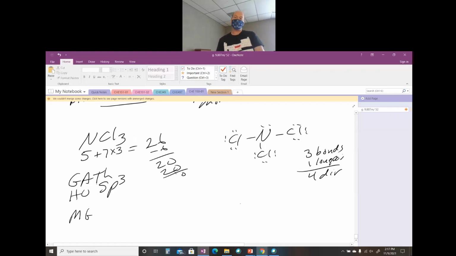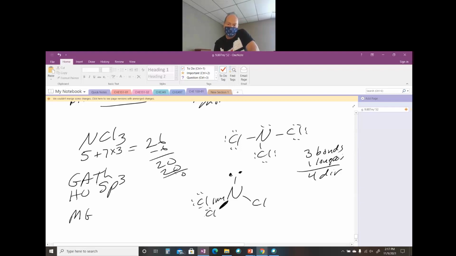Now you have to draw it in 3 dimensions in order to see what is the molecular geometry. Tetrahedral, every position is exactly the same. It doesn't matter where you put the electron pair. I will put it on the top. And that's bonded to Cl, Cl, Cl.